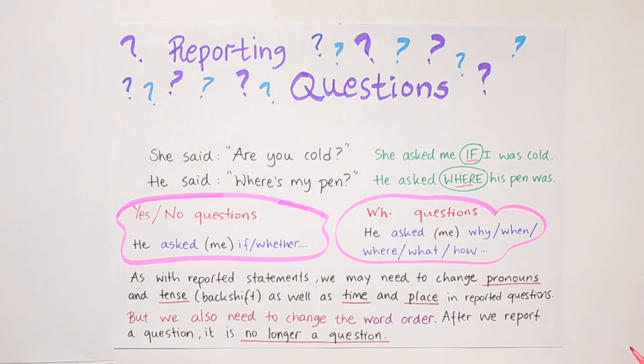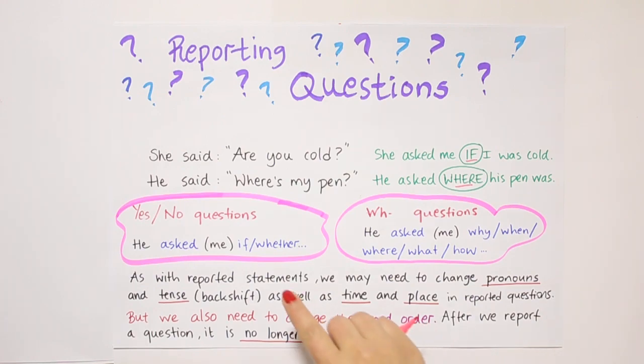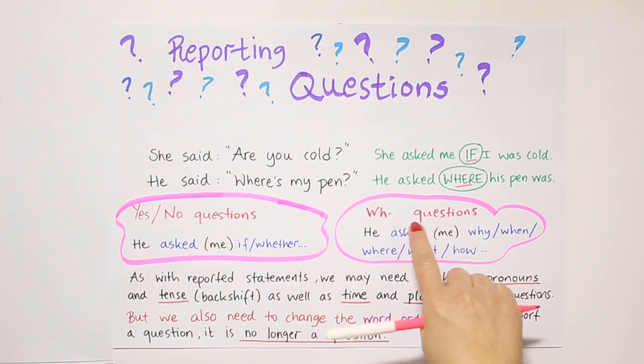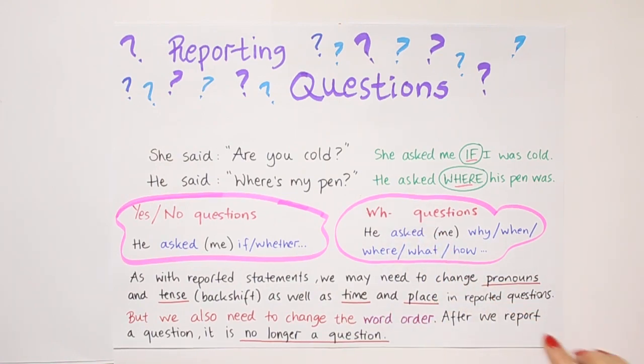I'm going to give you the details in a couple of minutes, but when we make yes/no questions, you can use if or whether. And when we use WH questions, you have to make sure that you keep the WH word. As with reported statements, we may need to change pronouns and tense, and that is called backshift, as you may remember from part 1, as well as time and place in reported questions.